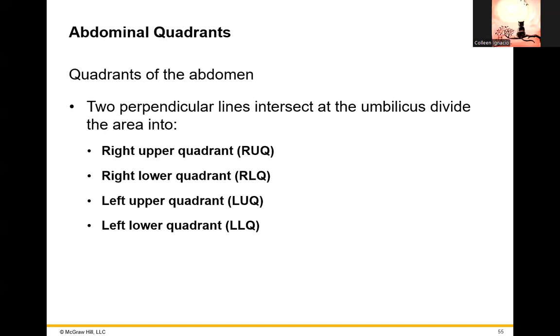Those two perpendicular lines intersect at the umbilicus, where the belly button is, right? That divides the quadrants. So we have the right upper quadrant, right lower quadrant, left upper quadrant, and left lower quadrant. And those are the appropriate abbreviations that we use.